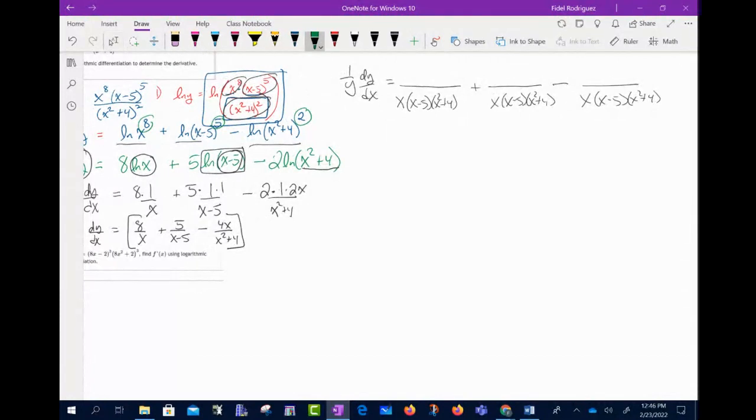Look at what we already had on the top over here. We already had an 8. I don't want to forget it. It's part of my answer. Okay. Now, next question. What did I put down here that I didn't have before? There you go. X minus 5 and x squared plus 4. Okay. On the second part, we already had a 5. What did I put down here that I didn't have the first time?